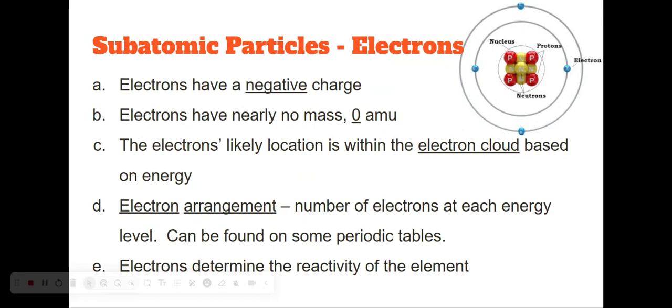When Niels Bohr first made a discovery and made a hypothesis or a claim that those rings were the path of the electrons like planets circle the sun, he was describing a definitive path. But what we know today is that electrons do not have a definitive path. They move in the form of a wave. And so their placement on these energy levels is merely based on their likely location due to energy.